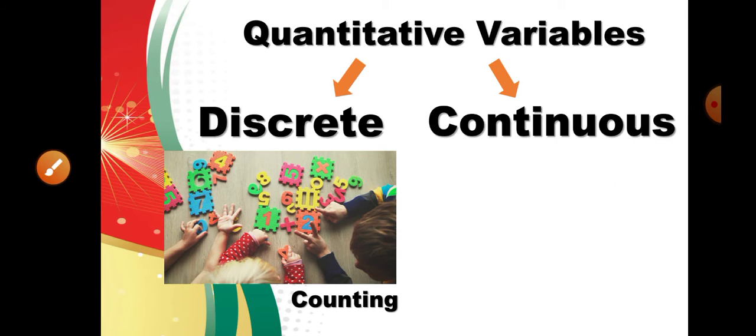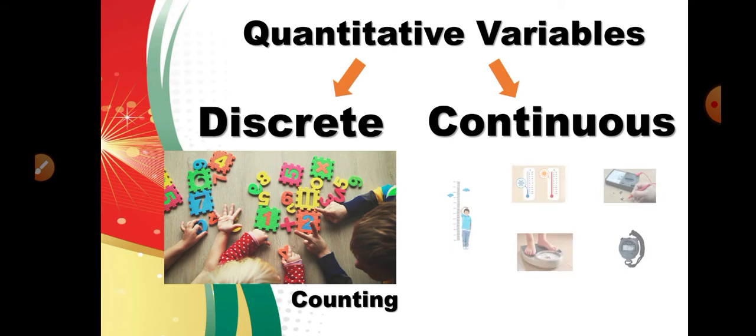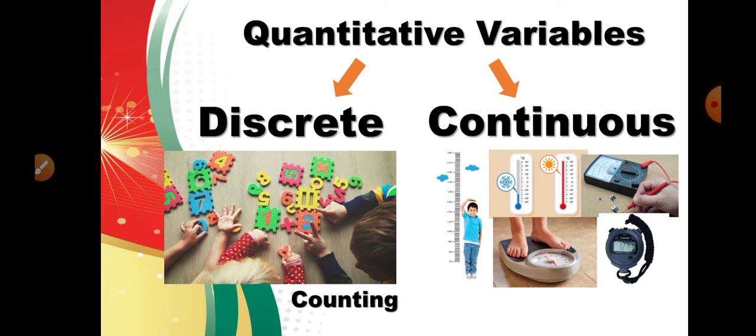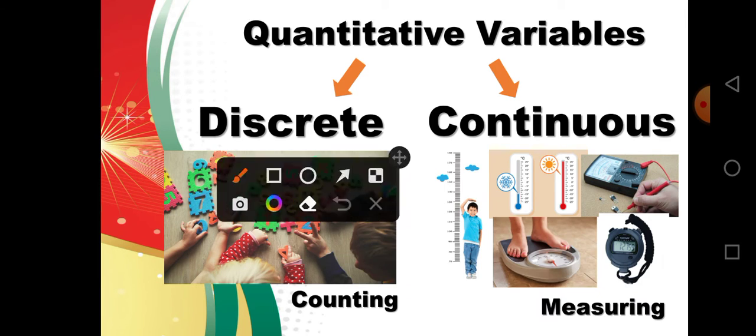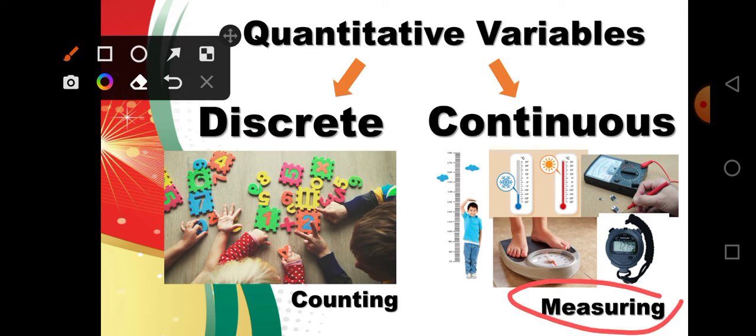On the other hand, class, continuous quantitative variables are those variables whose numbers or data can be obtained by means of measuring. And oftentimes, the method of measuring requires certain tools, gadgets, and instruments.